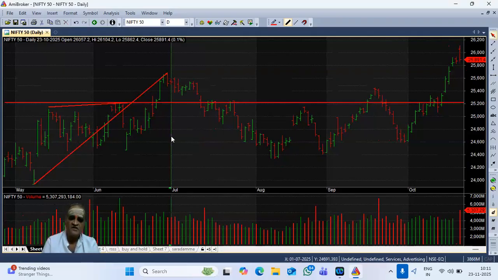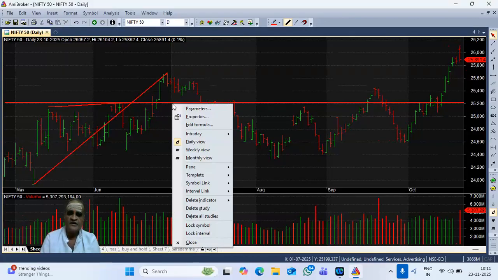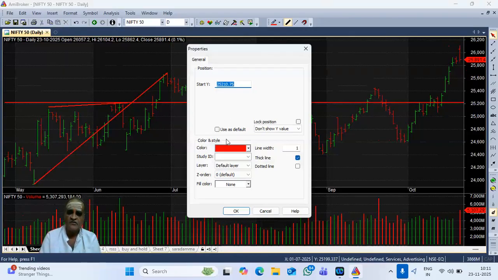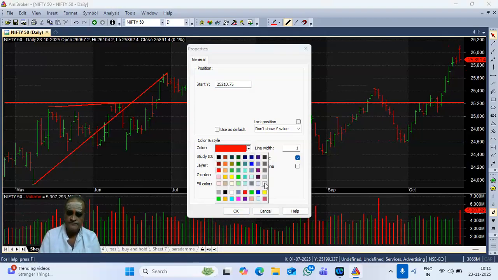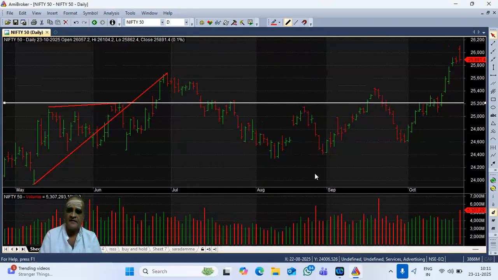I will change the color of the horizontal line so that we will have a distinct mark. Right. Let us see what happened.